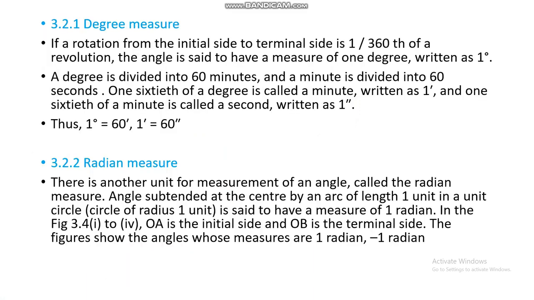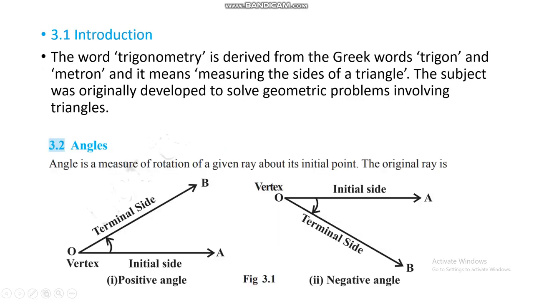Now, what is the degree measure? If a rotation from the initial side to the terminal side is 1/360 of a revolution, the angle is said to have a measure of 1 degree. Suppose this angle rotates by 360 degrees, and we divide these 360 degrees into equal parts, so each angle is 1 degree.